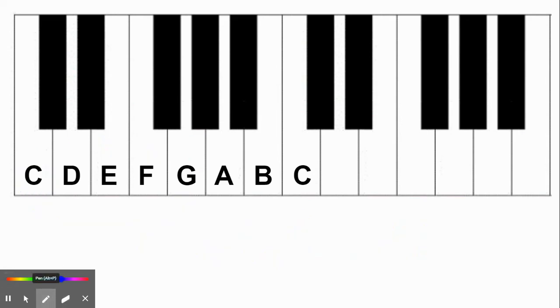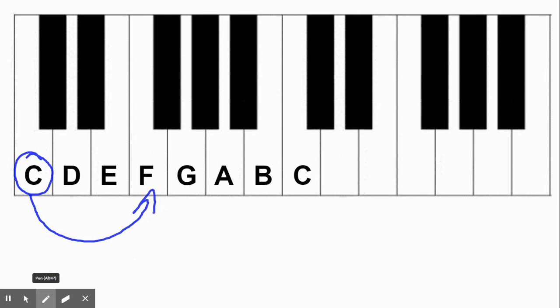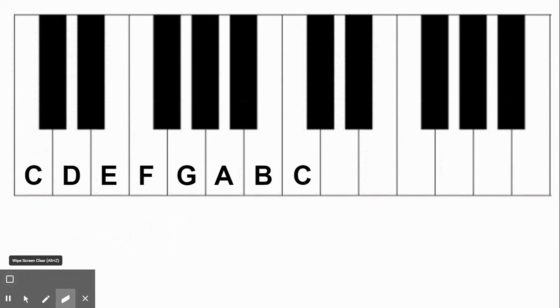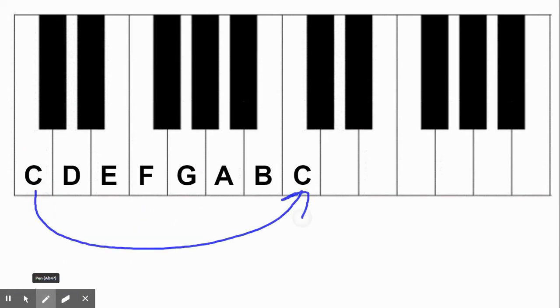Perfect are fourths. So C is our root. We go up to F. This is a P for perfect fourth. That's how you write that in shorthand. The other intervals that are perfect are the octave, and you would write that P for perfect, 8 for octave, and some people put a VE after it for octave.